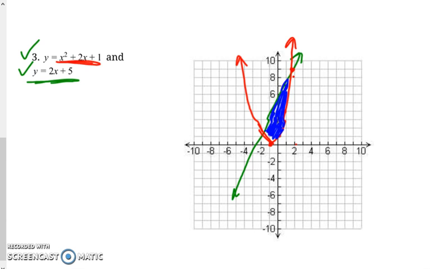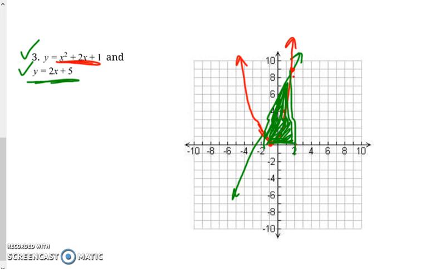The way we're going to do this is using this idea that if we want to find that blue area, all we have to do is find this green area. So we're going to find all of that green area, the integral underneath that line.